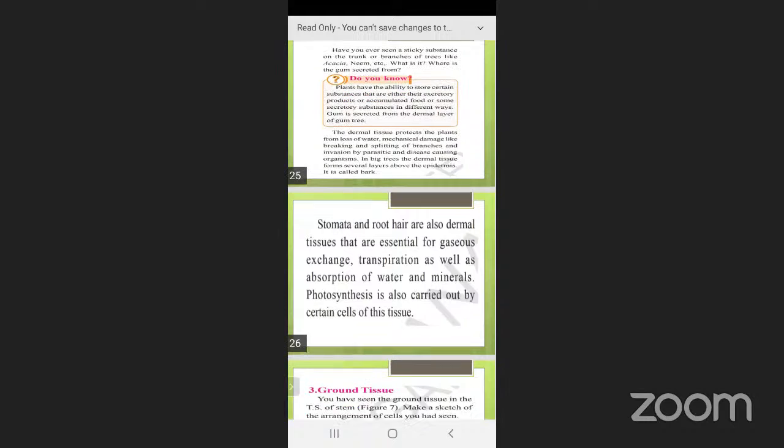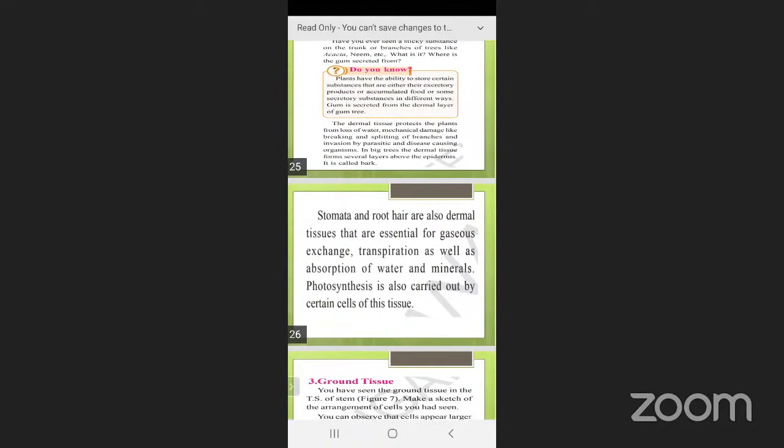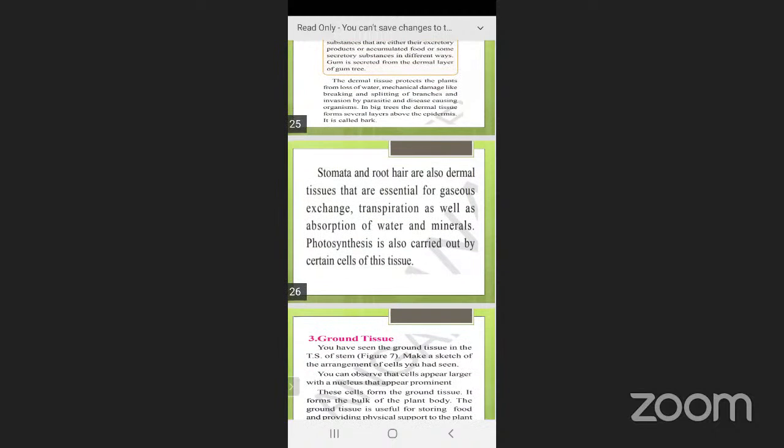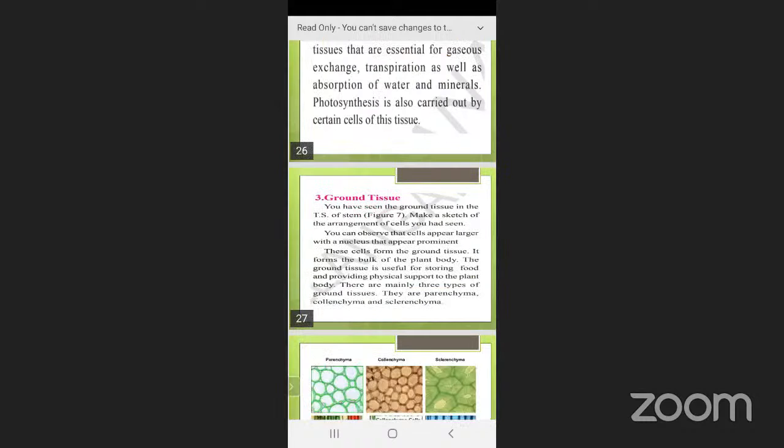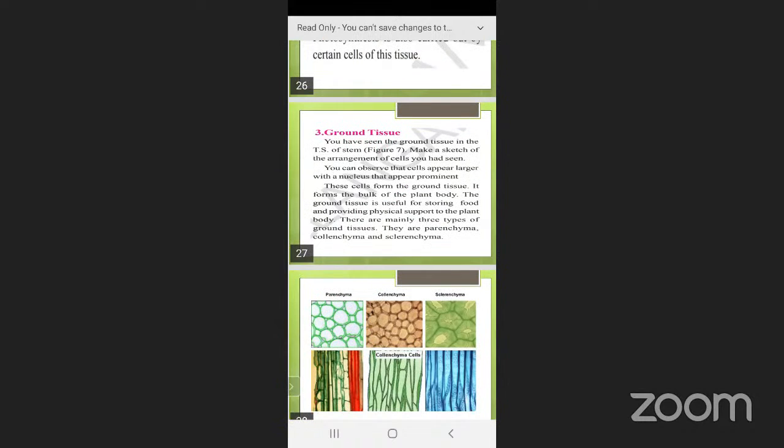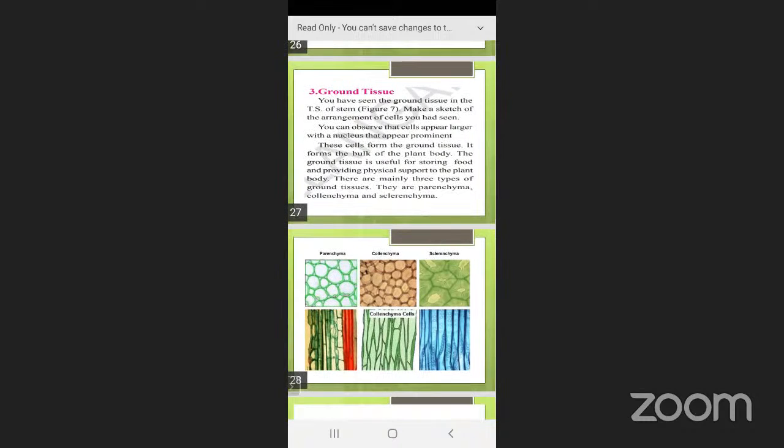The stomata and root hair are also dermal tissues that are essential for gas exchange, transpiration, as well as absorption of water and minerals. Photosynthesis is also carried out by certain cells of the tissue. Okay, those are the important facts of dermal tissue.